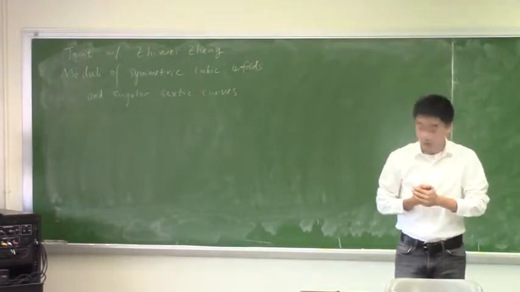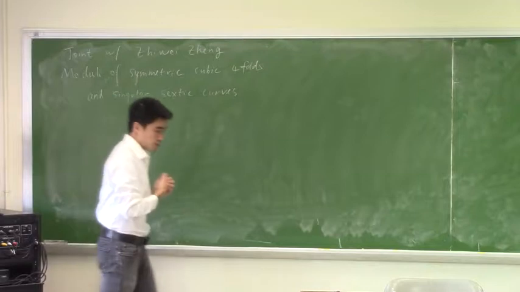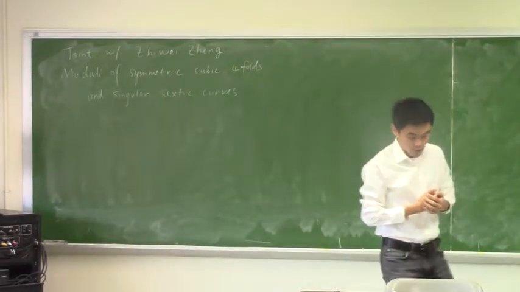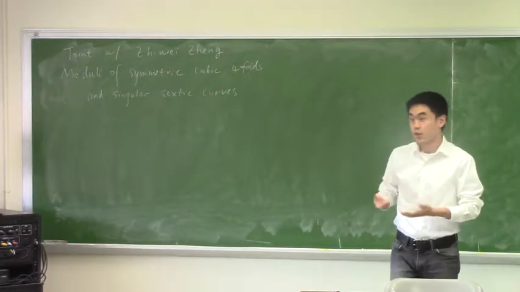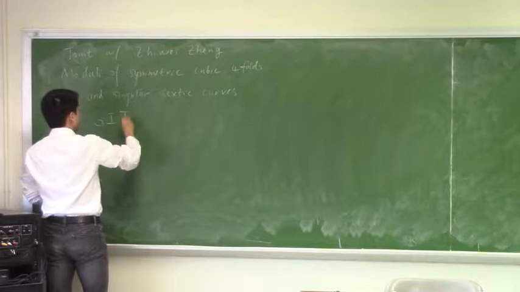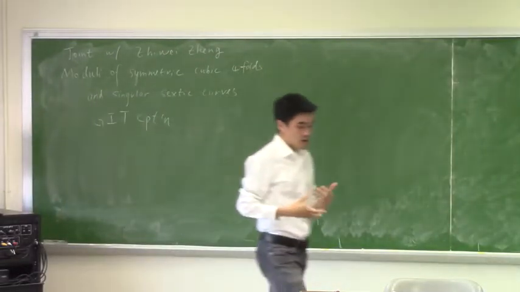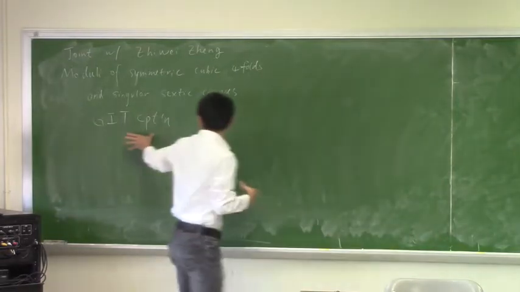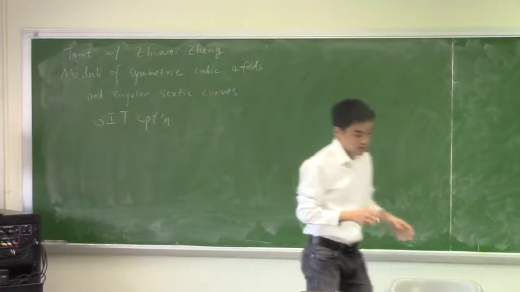First, I will talk about singular sextic curves and the symmetric tubular fourfolds. In moduli problems, we always want to do compactifications, and there are many ways to do them. One way is GIT compactification for moduli problems, which corresponds to adding some degenerate varieties in the family.